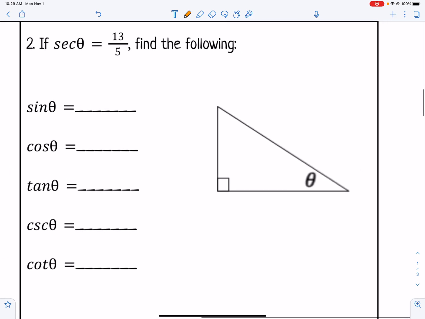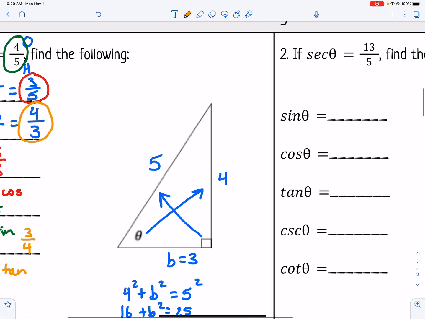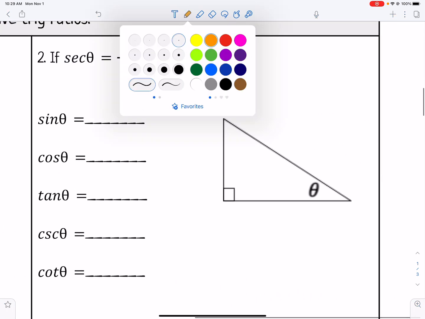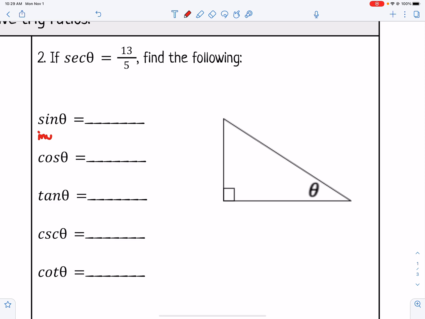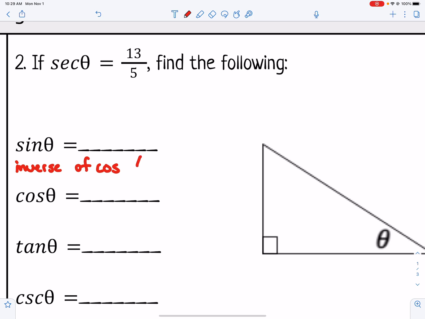So if they gave us the secant is 13 over 5, the secant of theta, then think about what we just said. Secant is the inverse of cosine.